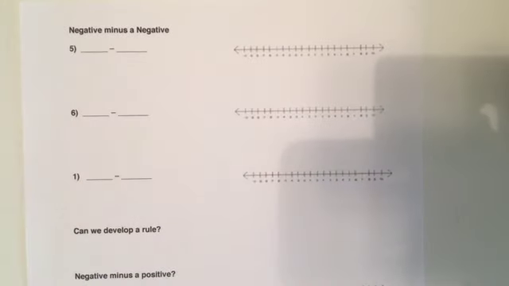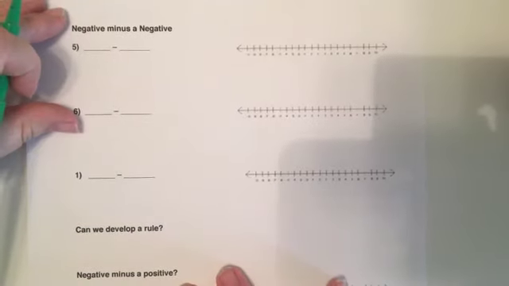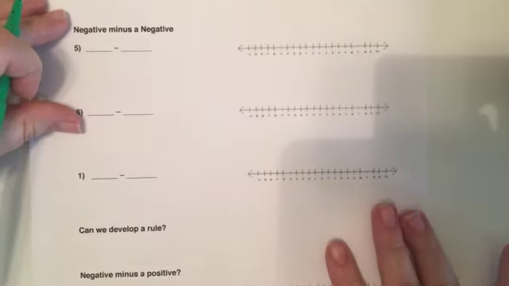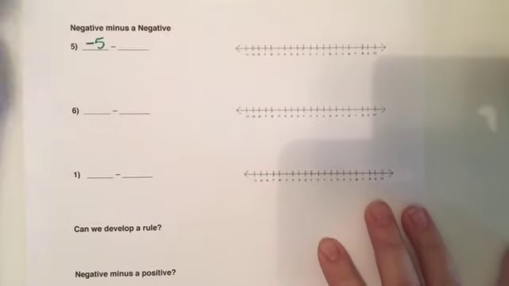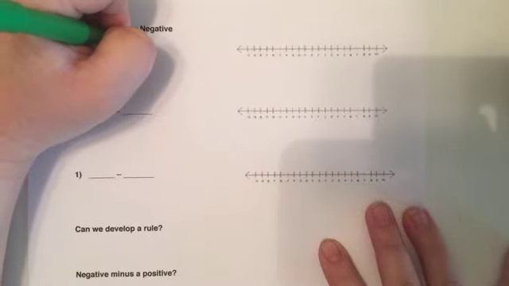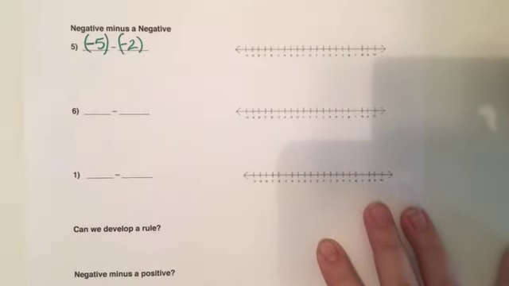All right, let's go ahead and move on to a negative minus a negative. Okay, so with this one, it's going to be very similar. We're going to start with the example, negative 5 minus negative 2.